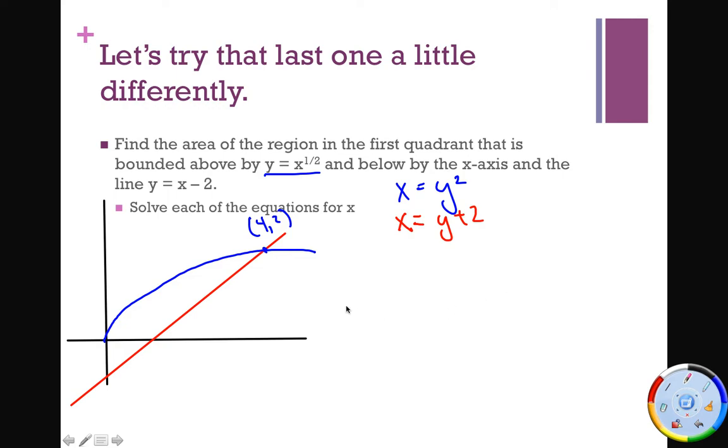Now what you can think about is integrating with respect to y instead of x.